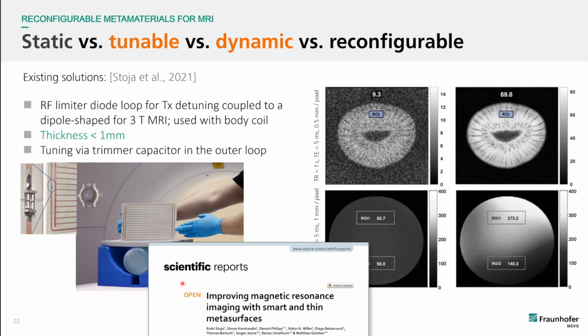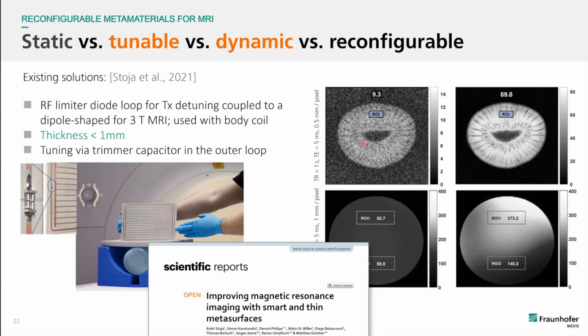We combined it also with our metamaterial we had before, which was also a stripe element. We are using capacitors which we print into the PCB board, so without having to use additional capacitors in there.